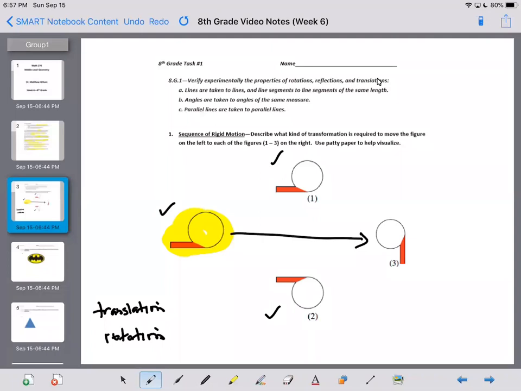In number 1 and number 2 and in the pre-image, the red section is facing to the left. But over here, the red section is facing down. So that means there had to be some sort of change in direction, which had to mean there was a rotation involved.